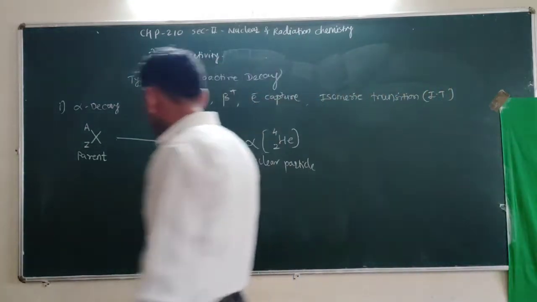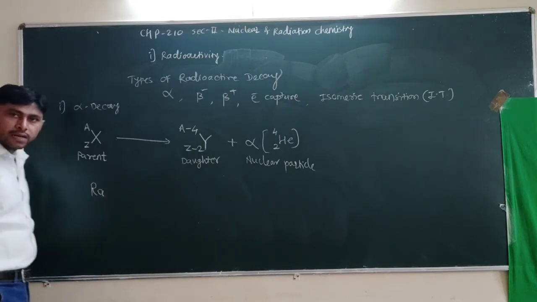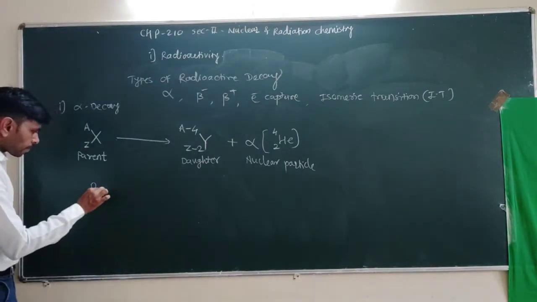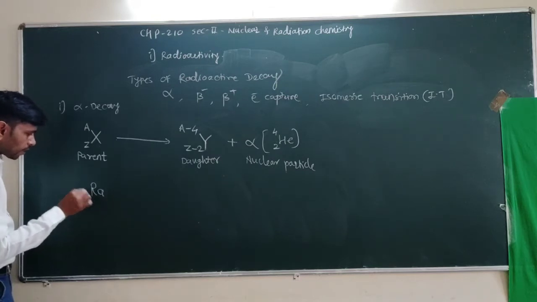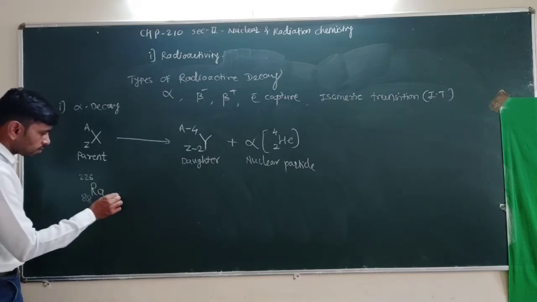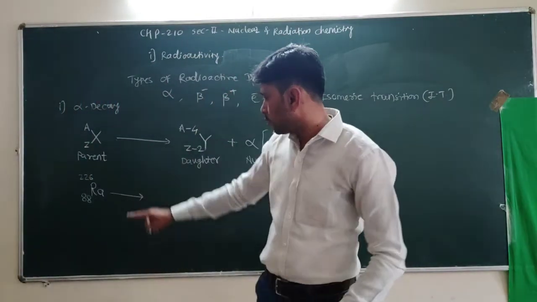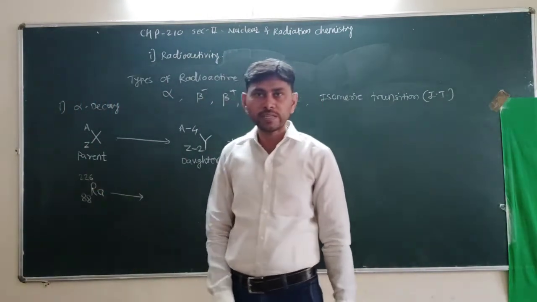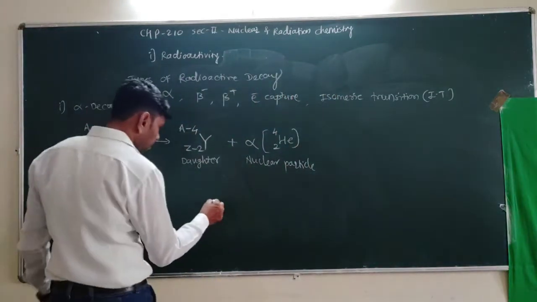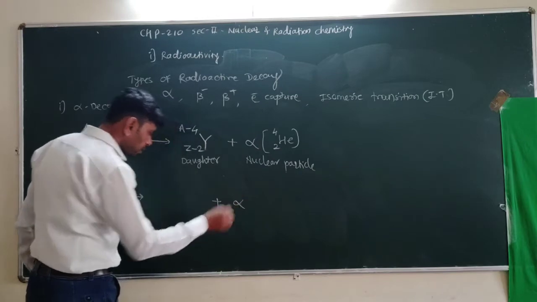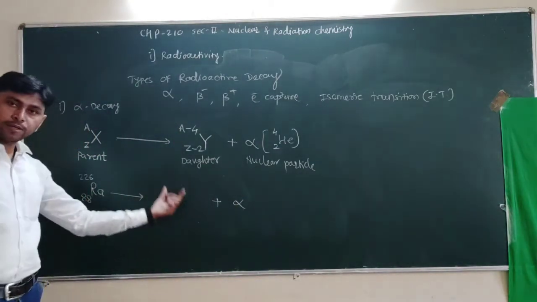Let's take an example for this. Radium is an example, having atomic number 88 and mass number 226. What happens after alpha decay? An alpha particle is emitted in the process, and the radium transforms into another element.